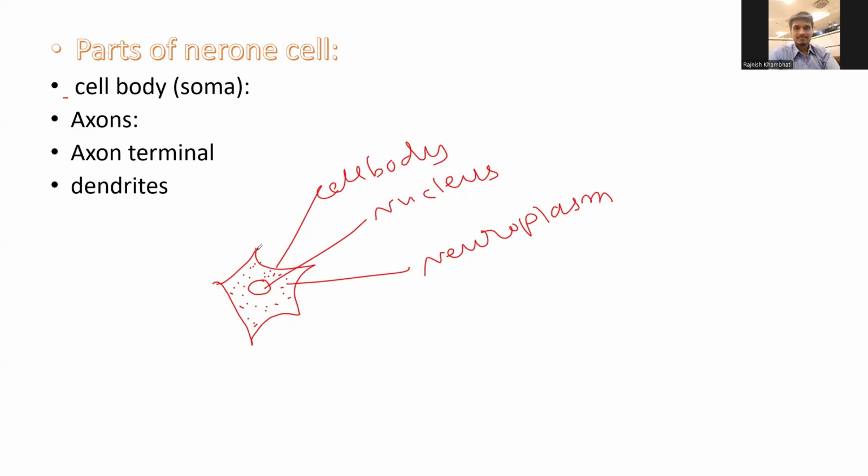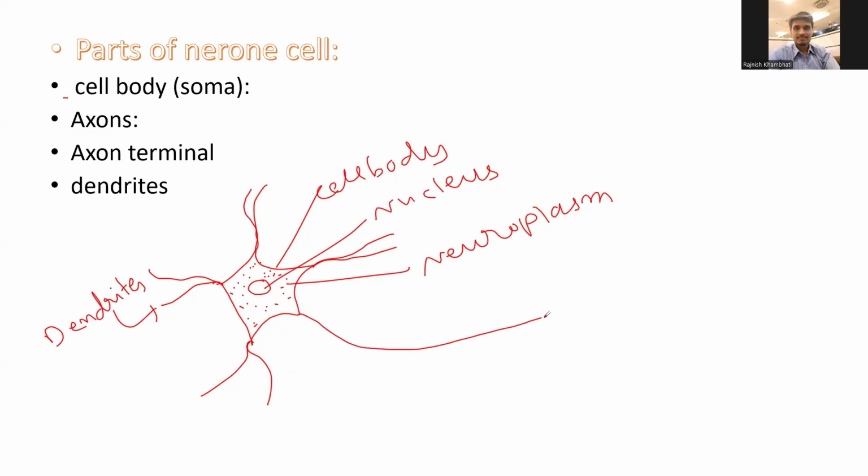Then from the periphery of the cell body, fiber-like structures emerge. These fiber-like structures are known as dendrites. Then one of the dendrites becomes elongated, very long, which is known as axon.